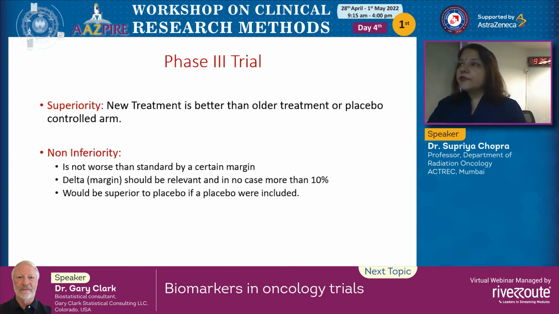In Phase III, the philosophy is one treatment is better than the other. Non-inferiority is generally looking into, for example, today I find that one drug does very good, like pembrolizumab for cervical cancer. 90% of the population cannot afford it, and there may be a biosimilar or an alternative.